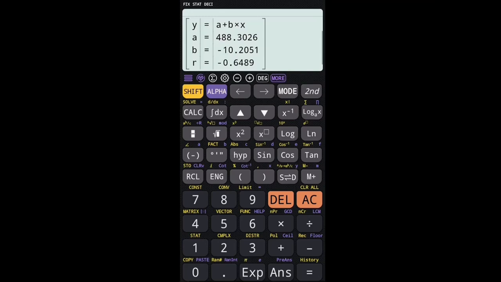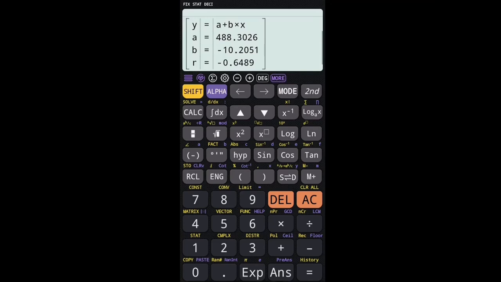So here on the screen, you can see that A is 488.3026, and then B is minus 10.2051. And then if I press number 1 on the normal calculator, I get an A value of 488.302561, right?